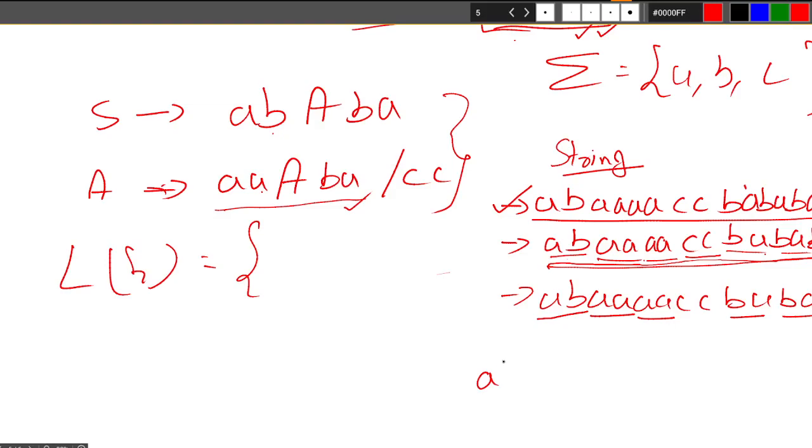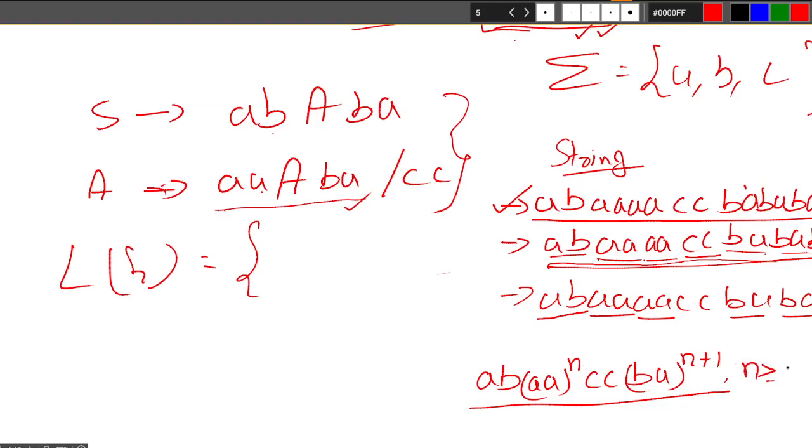Simply AB, then A to the power n, and then CC, then BA to the power n plus 1, and n is greater than or equal to 0.